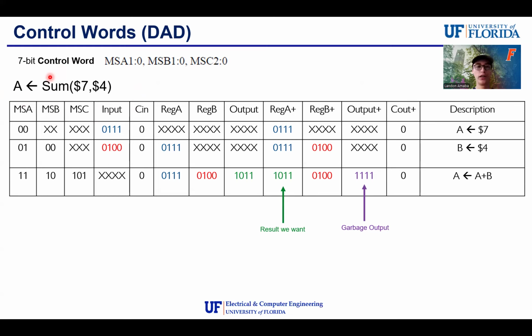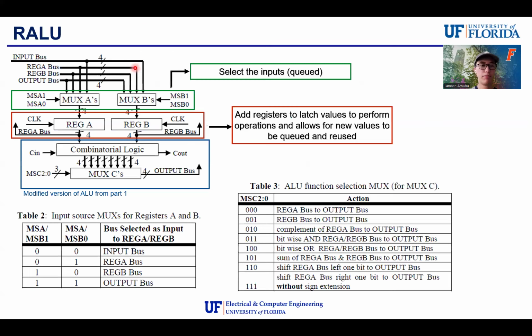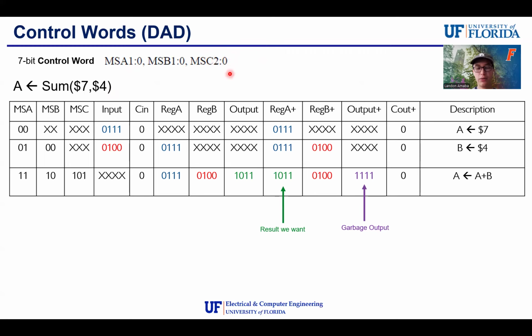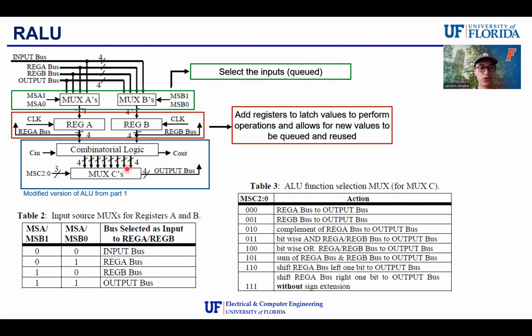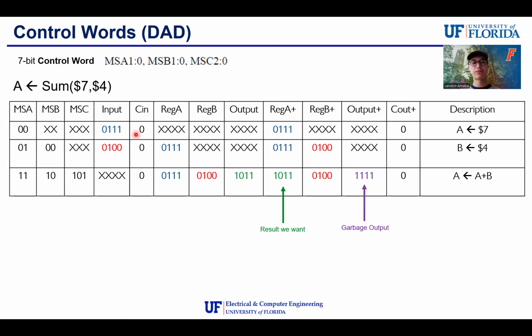And all the control word is you can think of the collection of MSA, MSB, and MSC. So remember from the previous slide, MSA and MSB control our inputs. And then MSC, which is 3 bits wide, controls essentially which of these actions are going to be performed via the outputs of our registers.